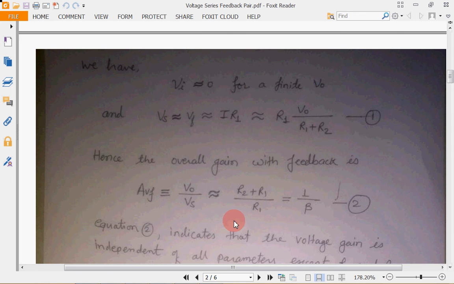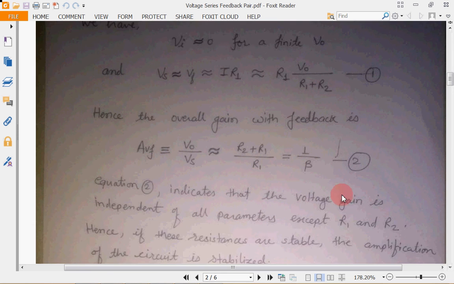So AVF is approximately V naught by Vs, which is approximately equal to R2 plus R1 divided by R1, and that will be equal to 1 by beta. That is 1 by beta because the feedback voltage is beta times V naught. So beta is R1 divided by R1 plus R2, and R2 plus R1 divided by R1 will be equal to 1 by beta. So this is my equation number 2.